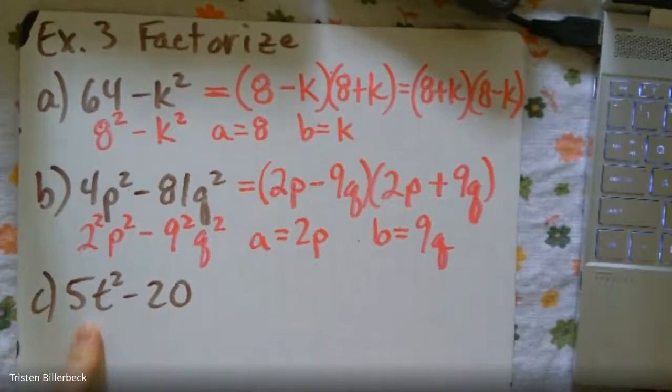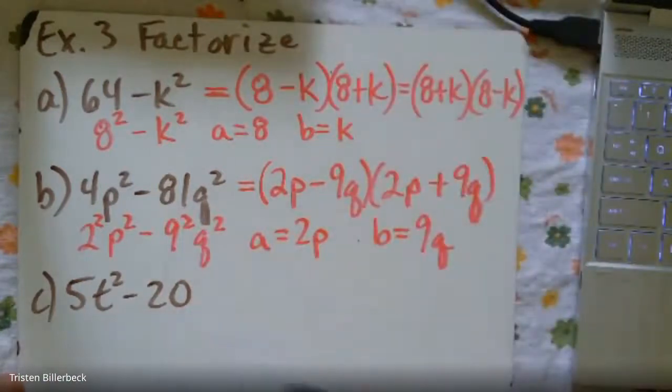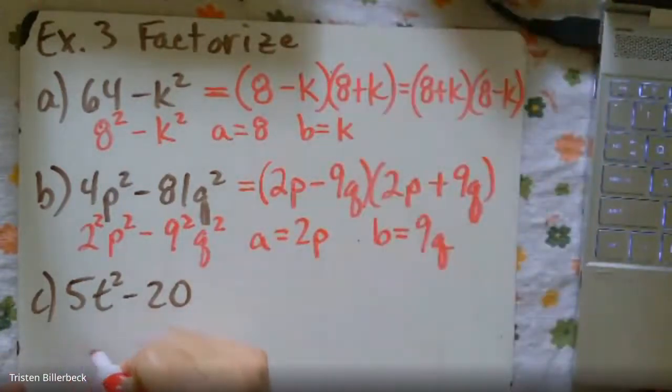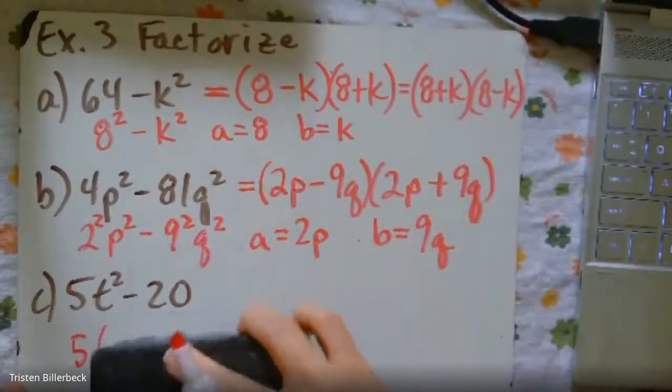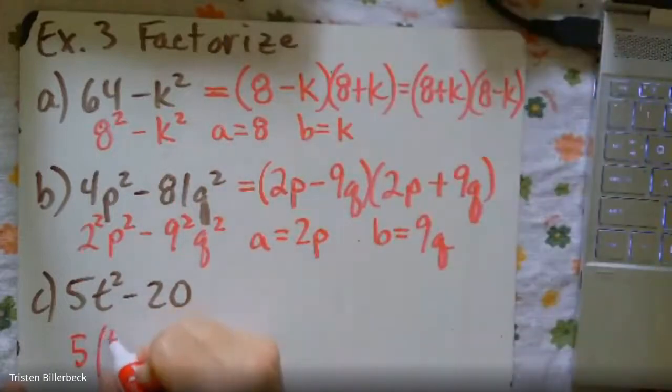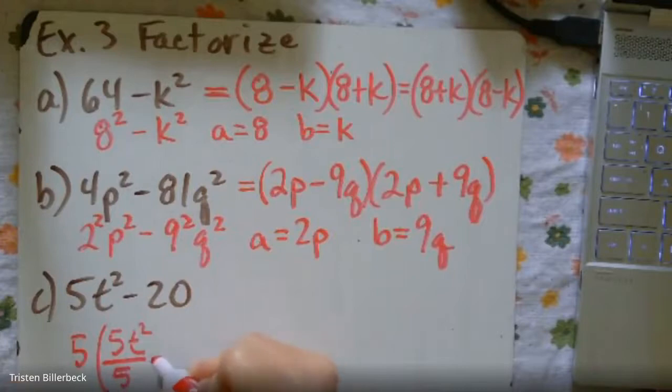Here's one, 5 is not a square. What are they doing? No. Well, let's take the 5 out because there's a 5 in both of them. When we divide 5t squared by 5, in fact, let's do it very thoroughly. If I want to take a 5 out, that means I'm doing 5t squared divided by 5 minus 20 divided by 5.